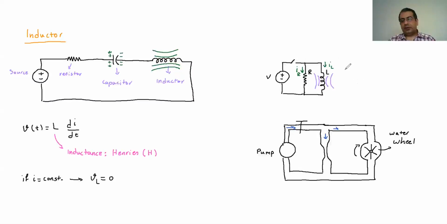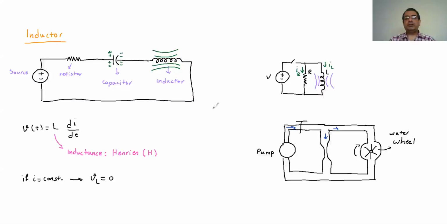So if the current goes through that, first it charges. After it's fully charged, it behaves like a single wire. If the current again wants to change, it releases whatever energy it stores to prevent that change in the current. If the current decreases, it releases energy.